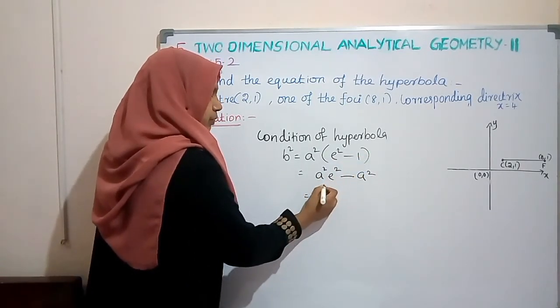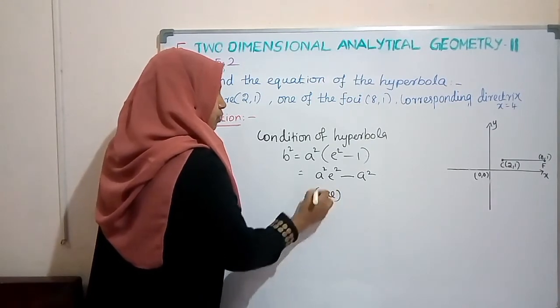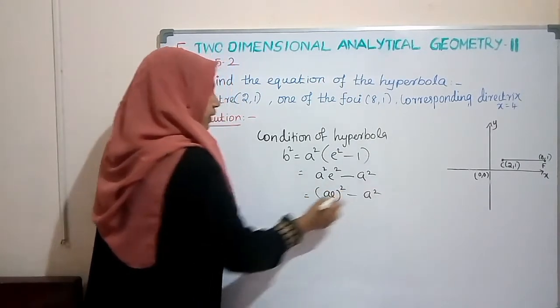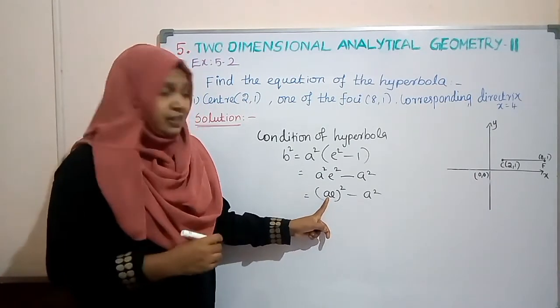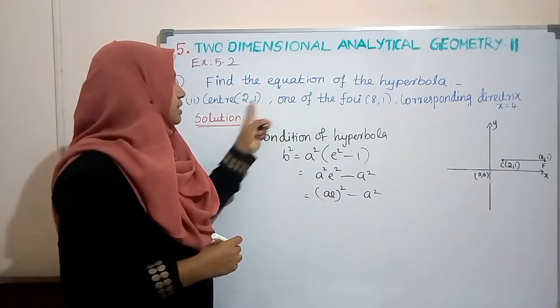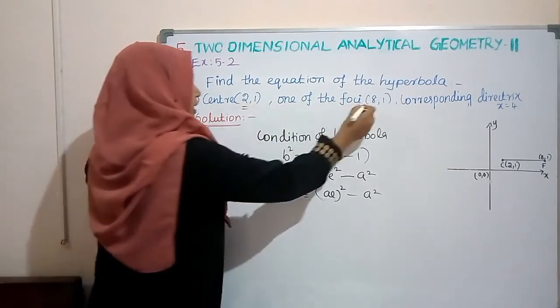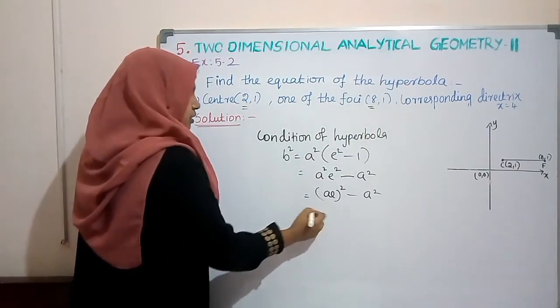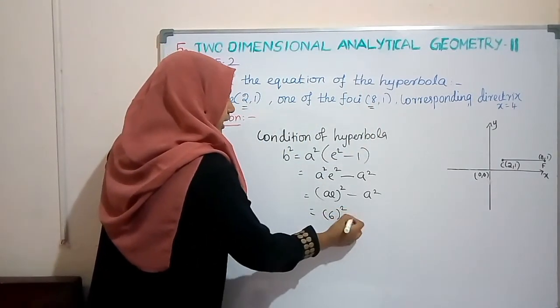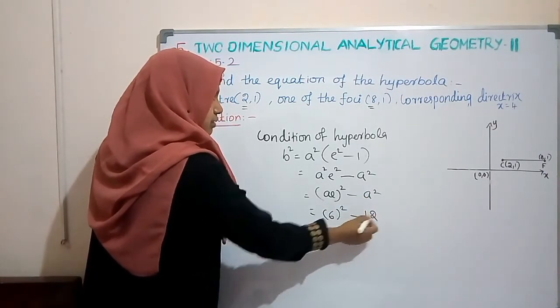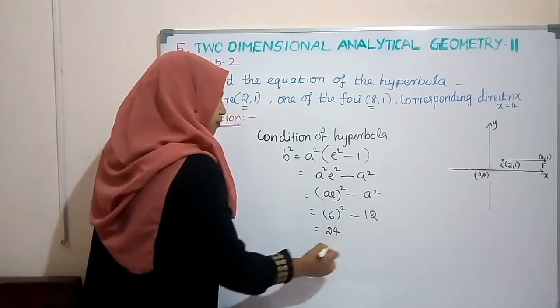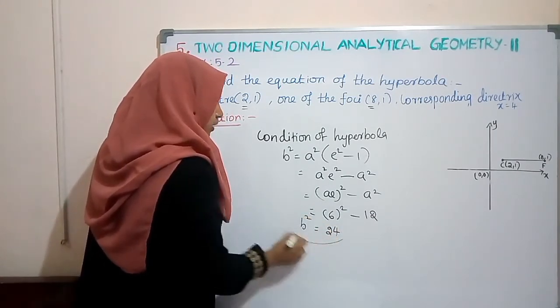So it can also be written like this, (ae) the whole square minus a square. Okay. Now substitute the value of ae. We already have ae as the distance between center and focus. We already subtracted that. 8 minus 2 is 6. So it is 6 square. And now we got a square as 12. So it is 36 minus 12, 24. So we got b square also.